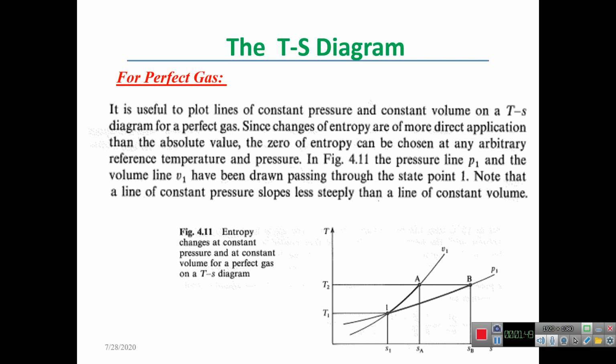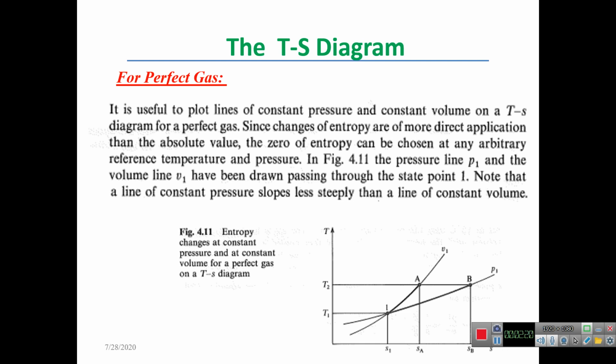As you can see on this diagram, the vertical axis gives us the temperature T, and the horizontal axis represents the entropy S. On this diagram, we can plot constant volume lines like the line V1, which passes through the state 1, and we can also plot constant pressure lines like the pressure line P1, which passes also through the state 1.